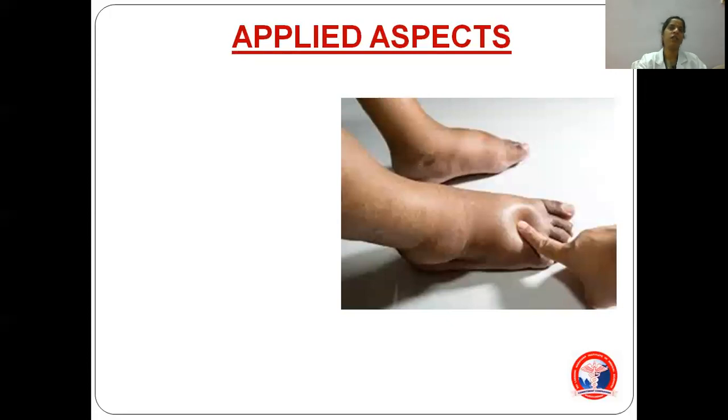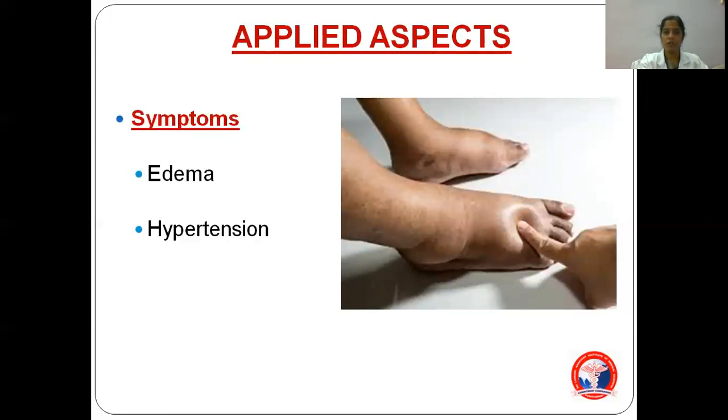So whenever a patient comes to you with edema, the first thing striking in our mind is that it may be a disease related to the kidney. You should not miss that. So you can see edema, and you will be measuring the blood pressure. There may be hypertension. Normal pressure is 120 to 80.